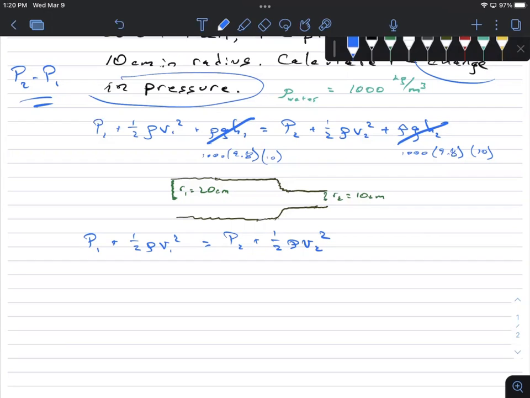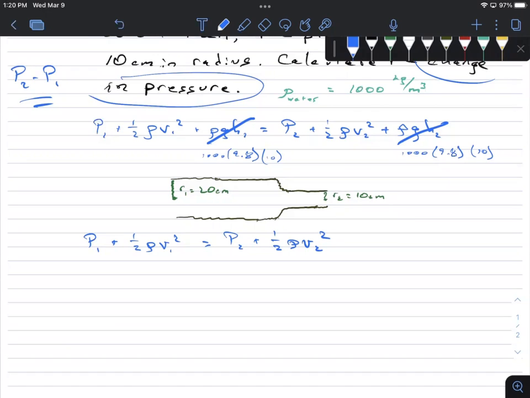So when we move them, let's say I move the rho GH1 over to the right side, I subtract it. When they subtract, they just cancel out. And so what this tells you is anytime you have an equation like this, and there's something that doesn't change, in this case, the height didn't change.